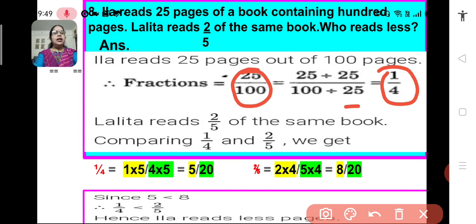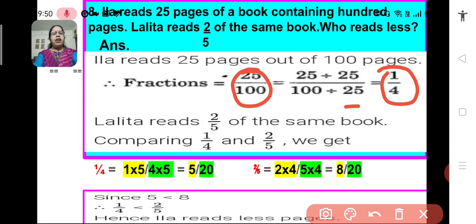So Lalita reads 2 upon 5 of the same book and Ila reads 1 upon 4 of the book. Now we can compare 1 upon 4 and 2 upon 5. How can we compare? We have two fractions with different denominators and numerators.